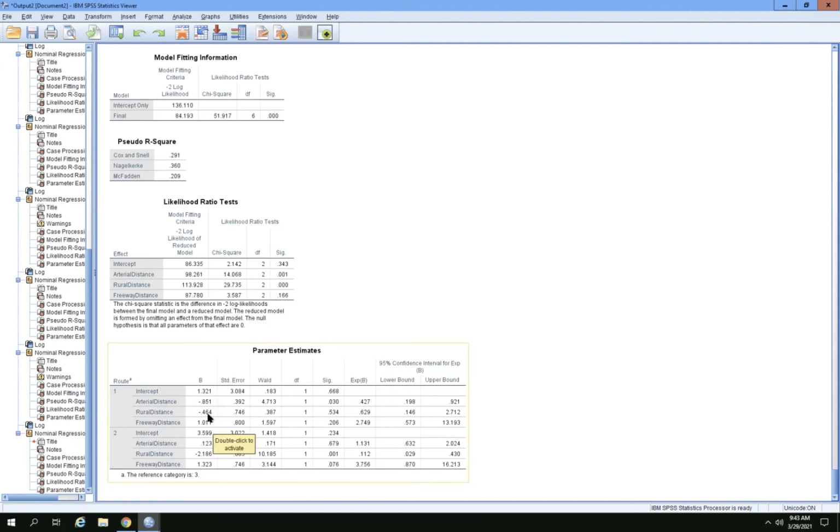And so with that being said, if persons are traveling the same distances, this is telling us how much more or less attractive these different facilities are after having conditioned on that distance, okay? So the intercept basically tells us, once we've accounted for all of the other factors, how relatively attractive these are after accounting for those other parameters.